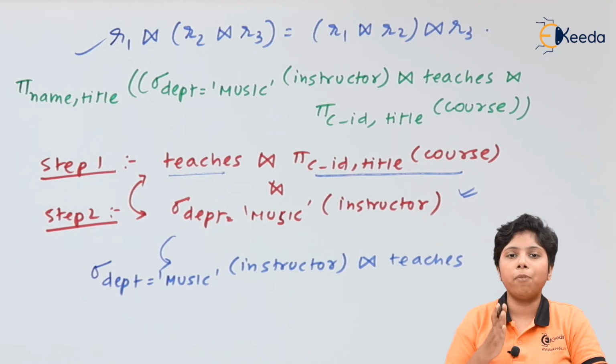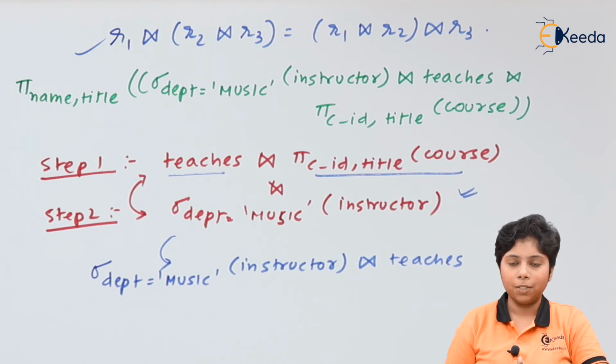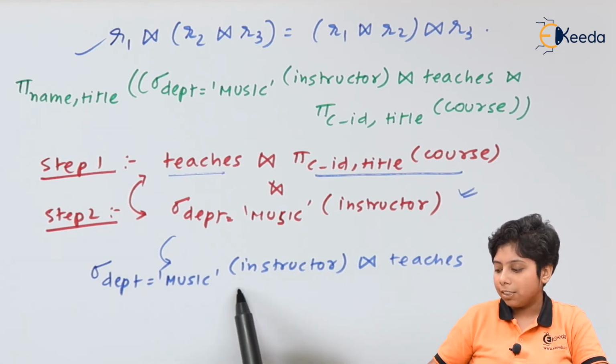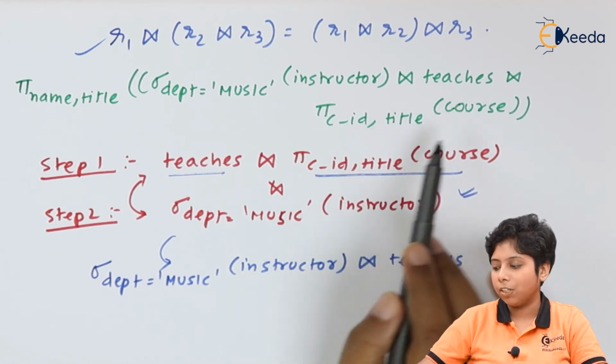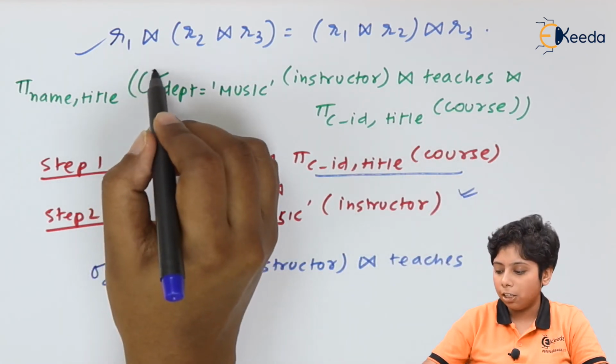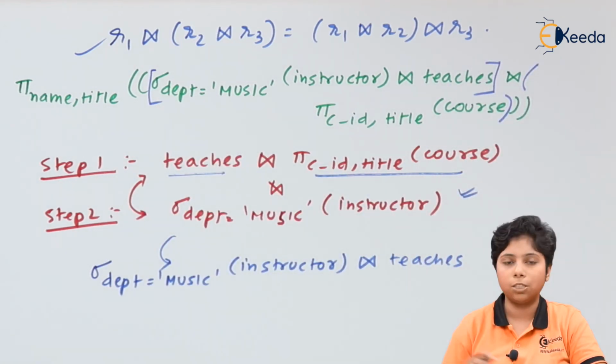So the join will first be done with the selection, next with the projection, based on the demand of this query. So here we have made the selection instructor join with teaches, and finally that joined with this course. So we can include this much together along with this one.